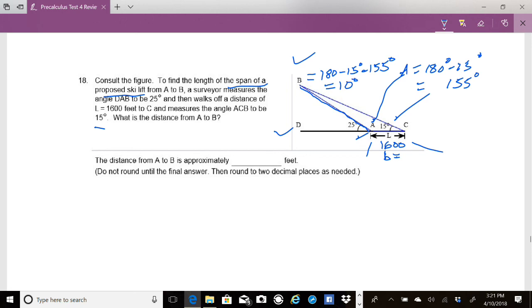So we have all the angles of the triangle, and we have side B. So we want to find side C.